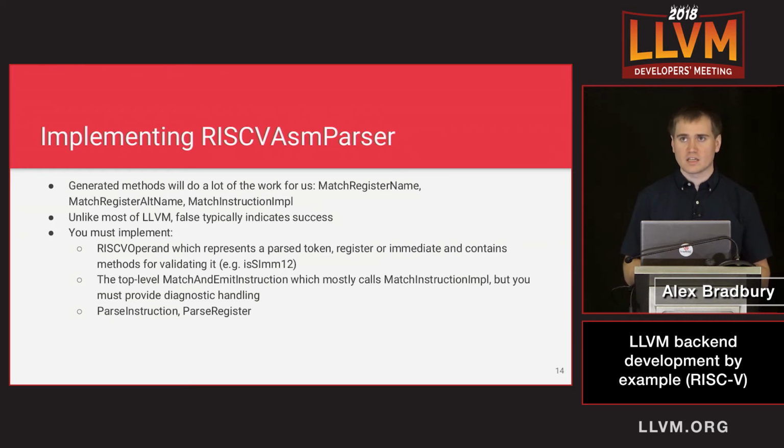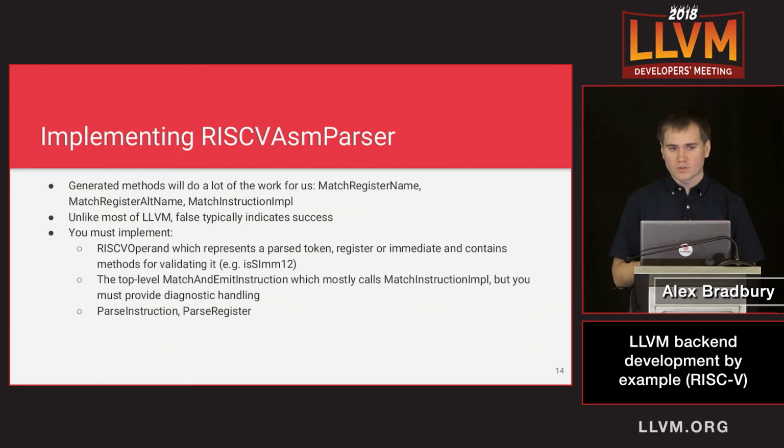So suppose that somebody input an add with 2 immediates, that might go through the parser, but then matchInstructionImpl, which is auto-generated for you by TableGen, would then fail because it doesn't match any legal instruction.